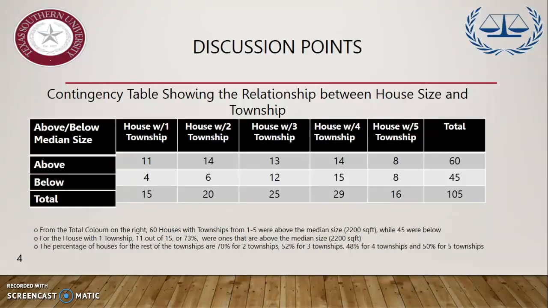The houses with two townships, 14 out of 20, so that would be 70%. For three townships, 13 out of 25 equals 52%. 14 out of 29 were 48%, and 8 out of 16 above the median size were 50%. Conversely, you can do the same to find the below-median figures.